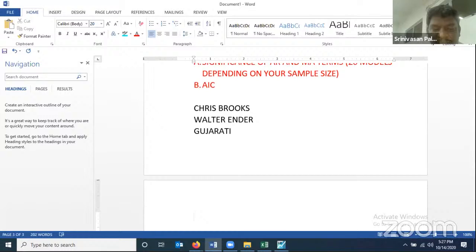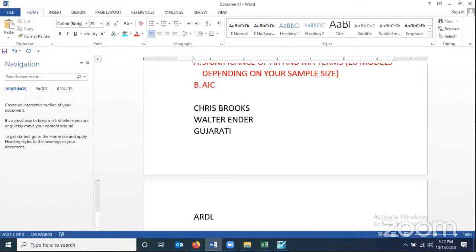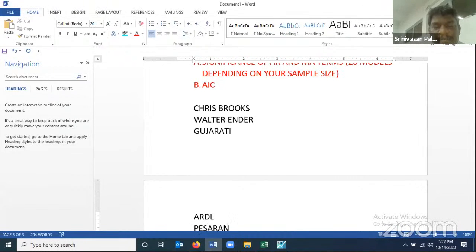Can I say one thing? Have you heard about the ARDL model? Yes, sir. The autoregressive distributed lag model. For this model, there is no book. There is an article by Pesaran and Shin, 1999, or it might be 2001.